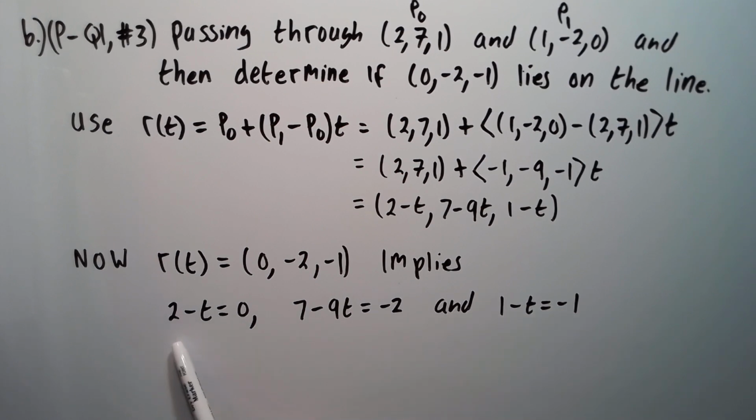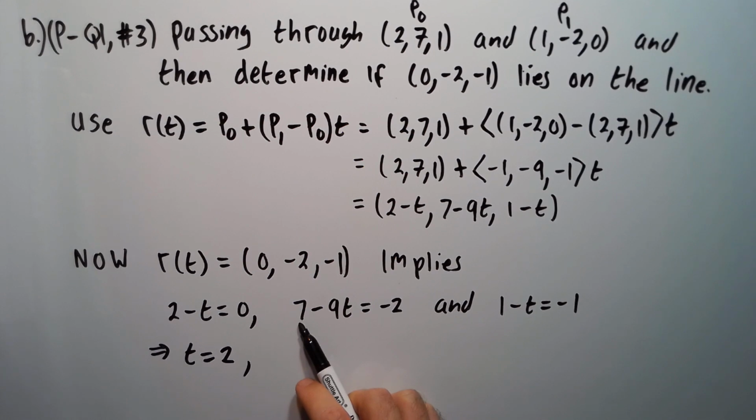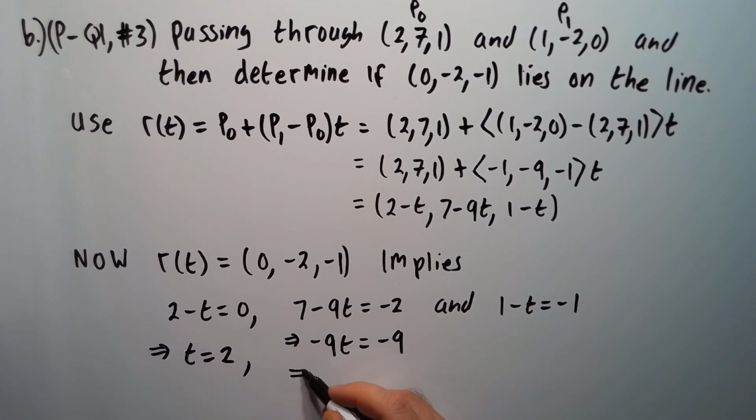So these three equations need to be true at the same time. The same t-value should work for all three. Solving the first one, adding t to both sides, t is 2. Then the second one, I can subtract 7 on both sides, and I get minus 9t equals minus 9. Dividing both sides by minus 9, we have t is 1.